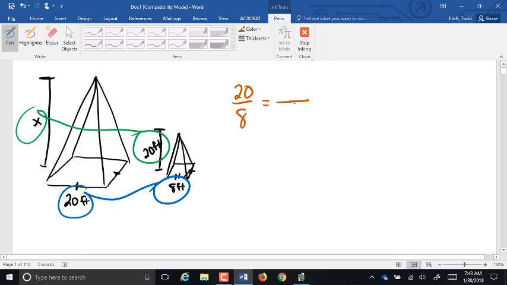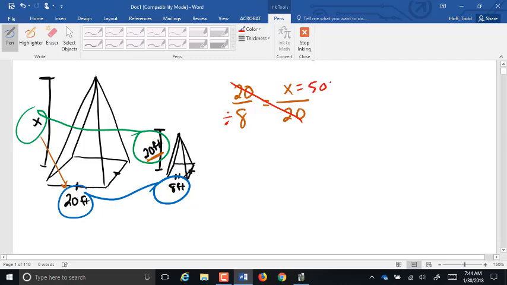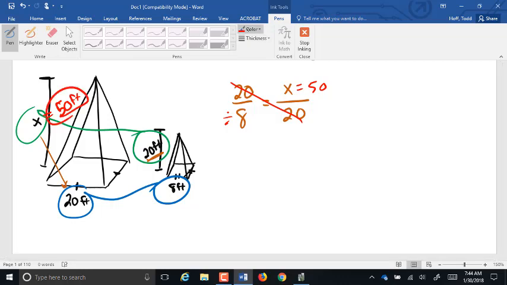On the other side, though, the X has to go on top because it goes with the 20. Same figure as the 20. So the other 20, the height of the other one, goes below it. So we shall cross multiply and divide, and we get 50. So that height is 50 feet. Simple enough.